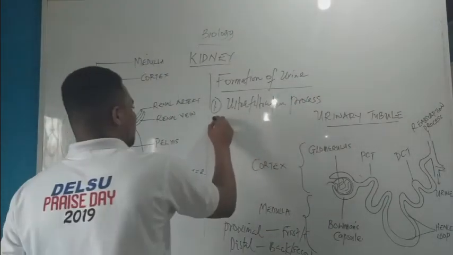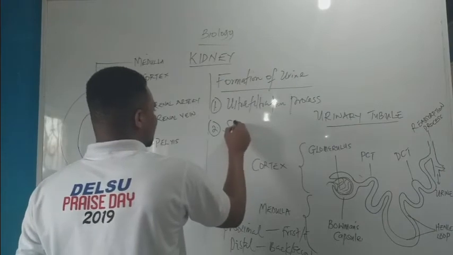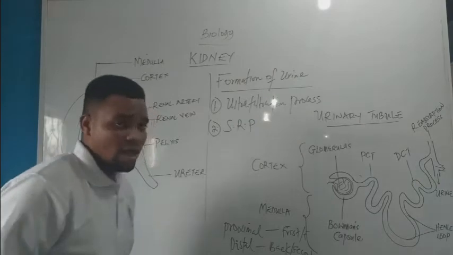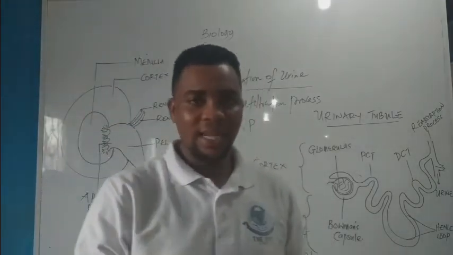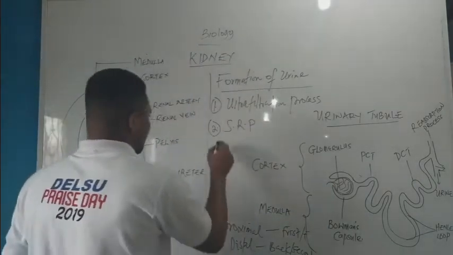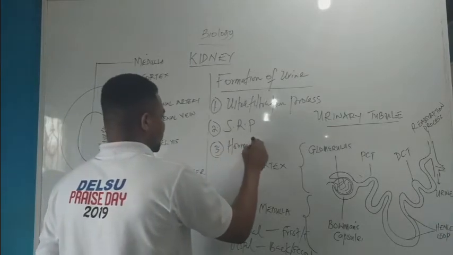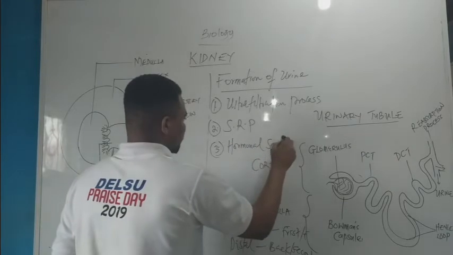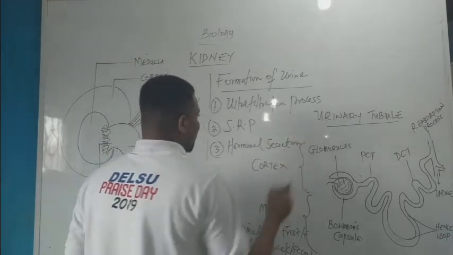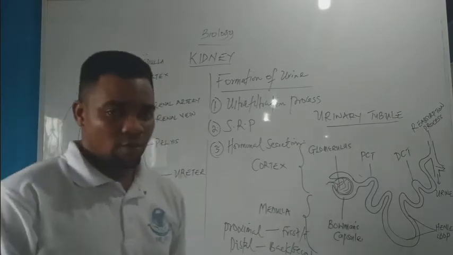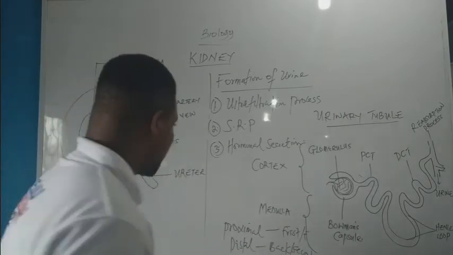The second one is the selective reabsorption process, which I named SRP. And the last process is hormonal secretion. These are the processes that will be explained concerning the production of urine.